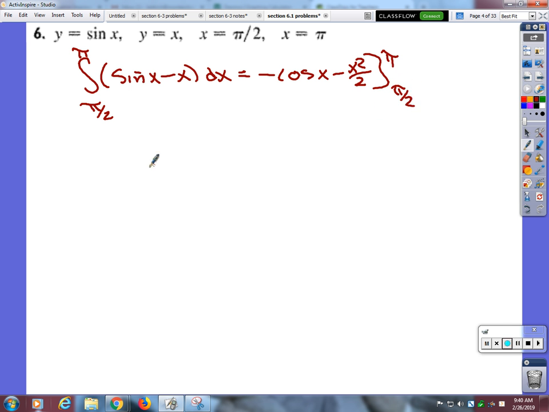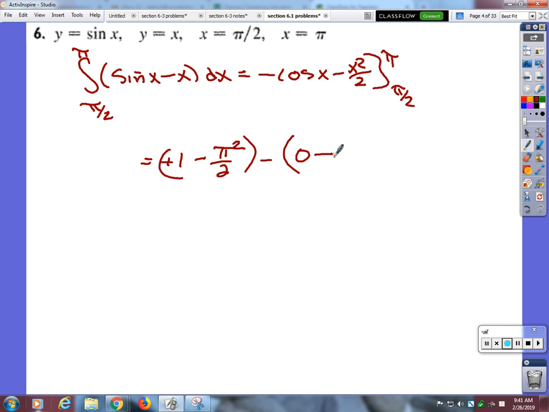So you guys have circle charts that you can use, but I'm going to try and be a good teacher and just figure it out. So the cosine of pi is -1. So that's -1, so that's 1. Minus pi squared over 2. So that's what you get when you plug pi in there. Minus the cosine of pi over 2 is 0.